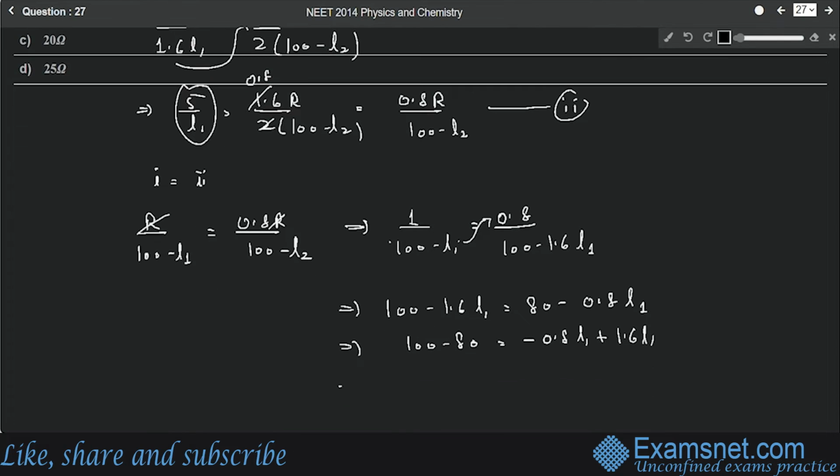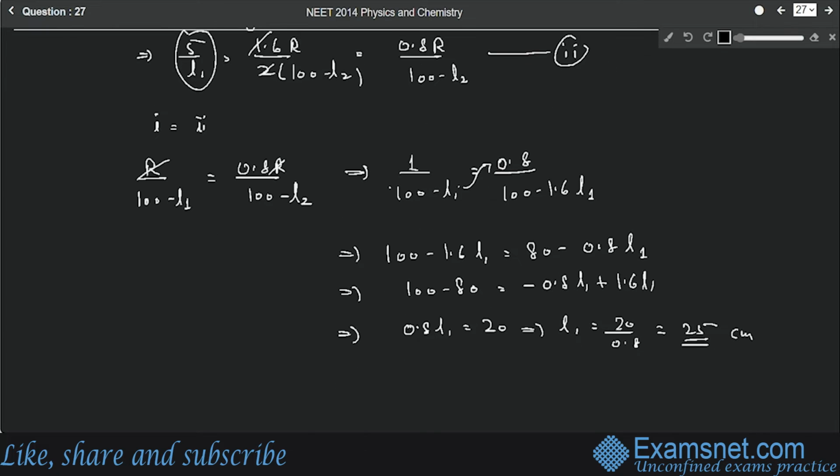That means 0.8 L1 equals 20. So L1 will be equal to 20 divided by 0.8. That means it will be equal to 25. Okay, so 25 centimeter is the balance point L1.